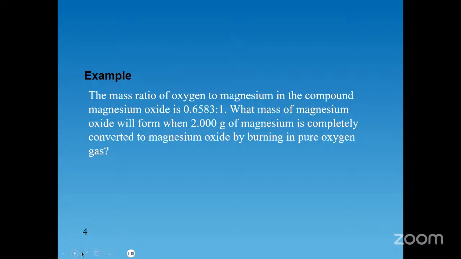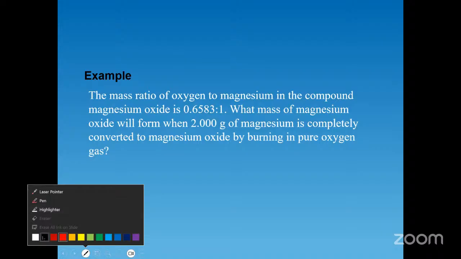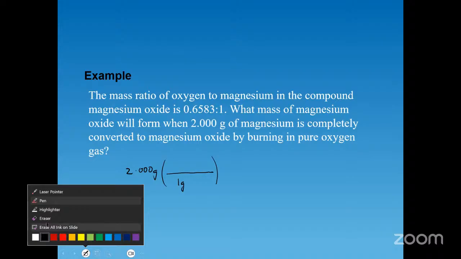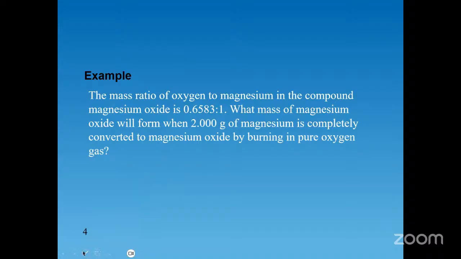So we're going to start off with the 2.000 grams, and multiply that by 1 gram. In fact, let me make a slight correction here. Let me just erase everything. I've made a correction. I'm sorry.